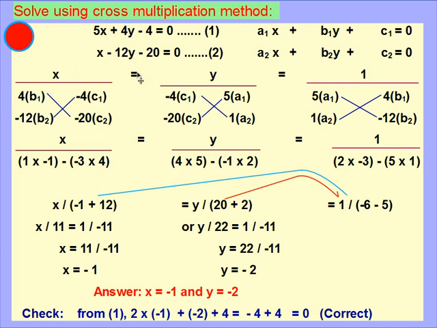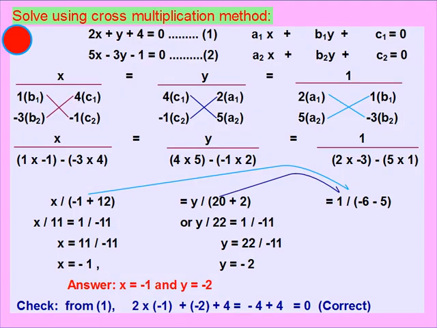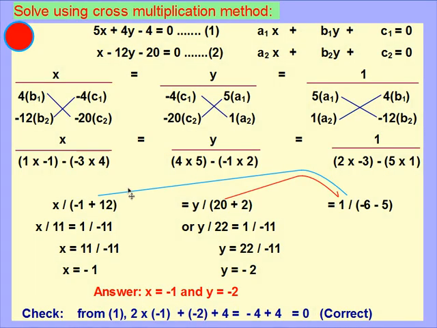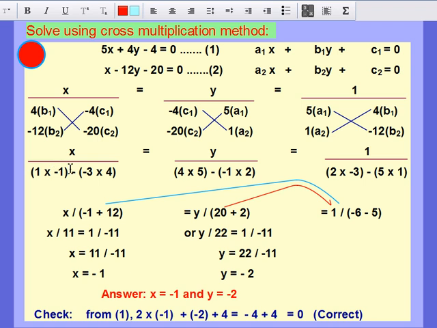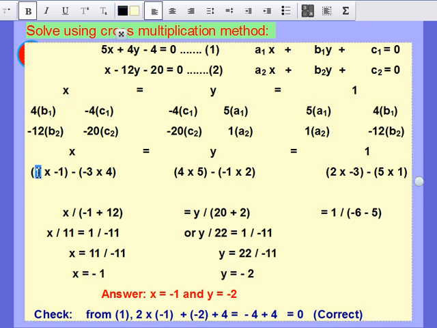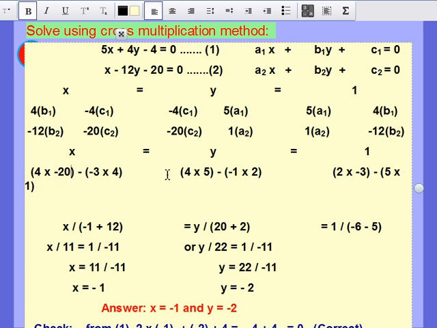What I have written here, have I copied some other question? Yes, I have copied some other questions, so you have to bear with me here. So you will get 4 into minus 20. Have you understood?